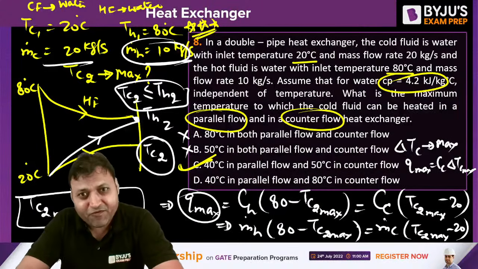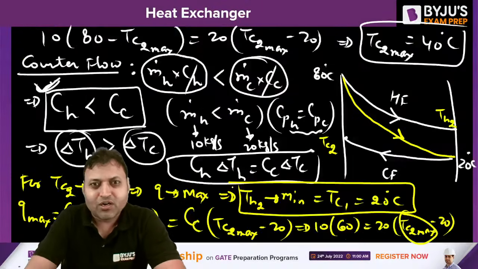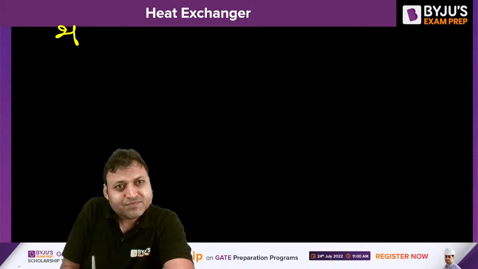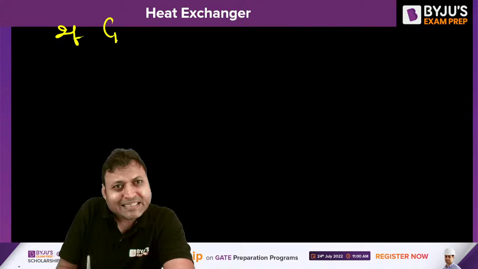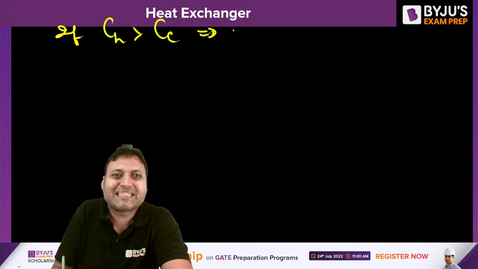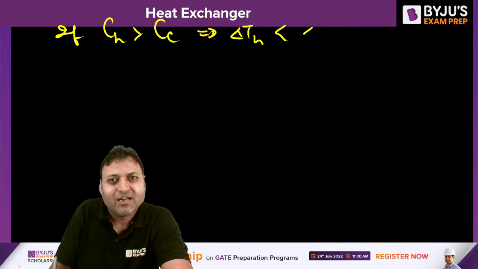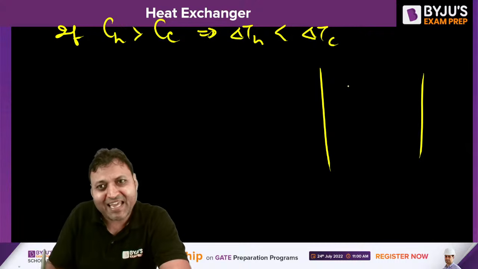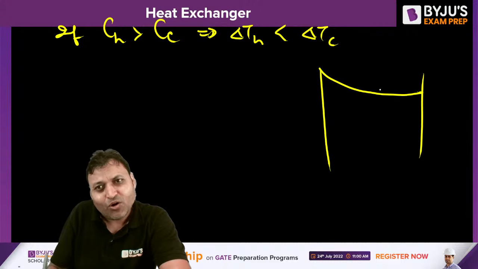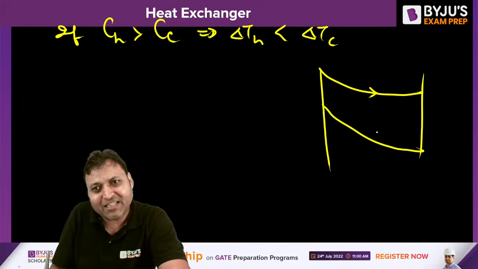Look, if Ch would have been more than Cc, then delta Th should have been less than delta Tc. In that case, the hot fluid temperature profile would have been like this, and the cold fluid temperature profile like this.